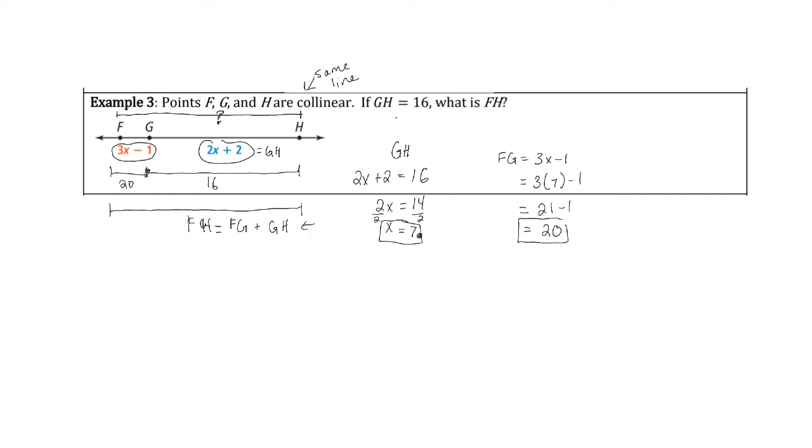Right, and this is the segment addition postulate. The two smaller parts equal the bigger part. So FG we said is 20, GH is 16, therefore FH is equal to 36. All right, and that's how you use the segment addition postulate.